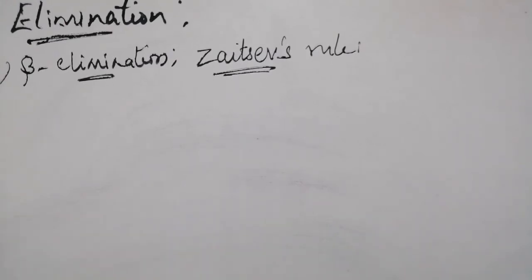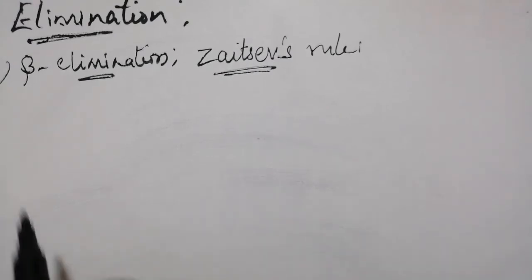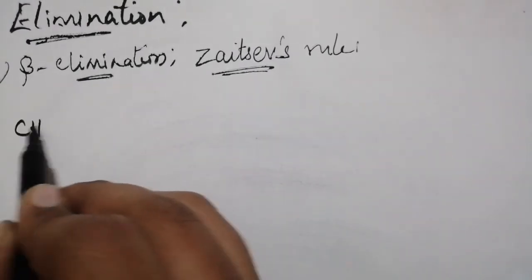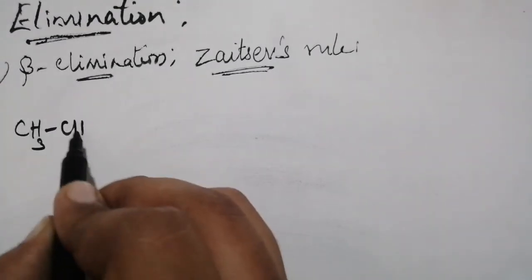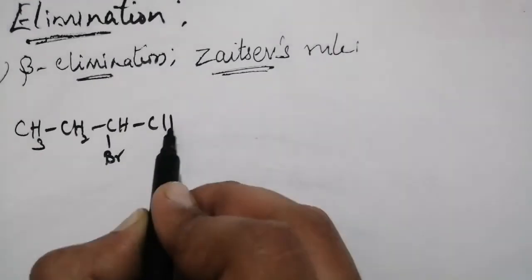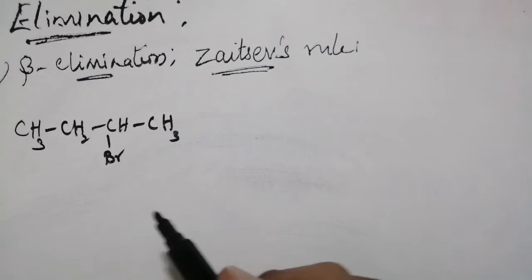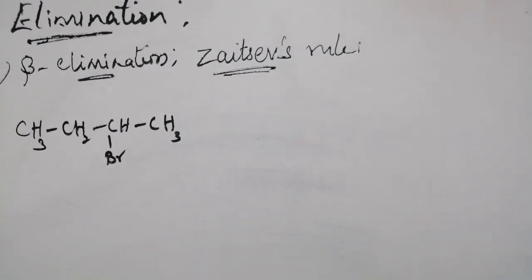What is Zaitsev's rule? We will see that with an example. I have my molecule like this: CH3, CH2, CHBr, CH3.